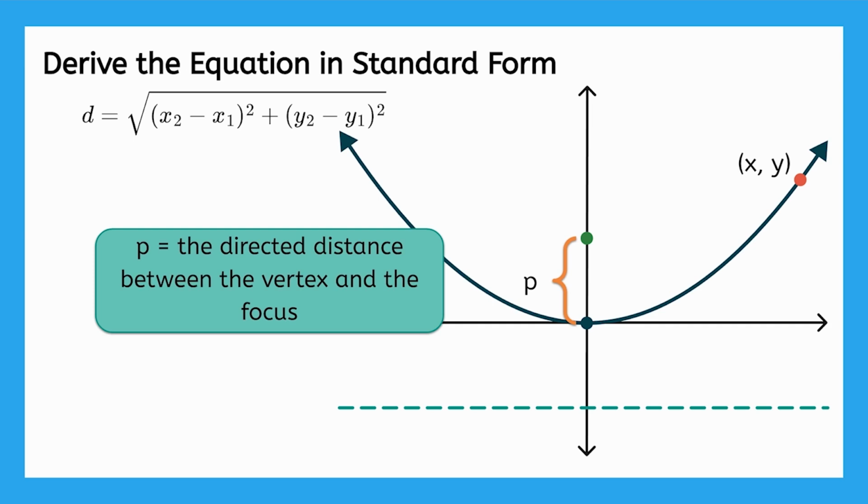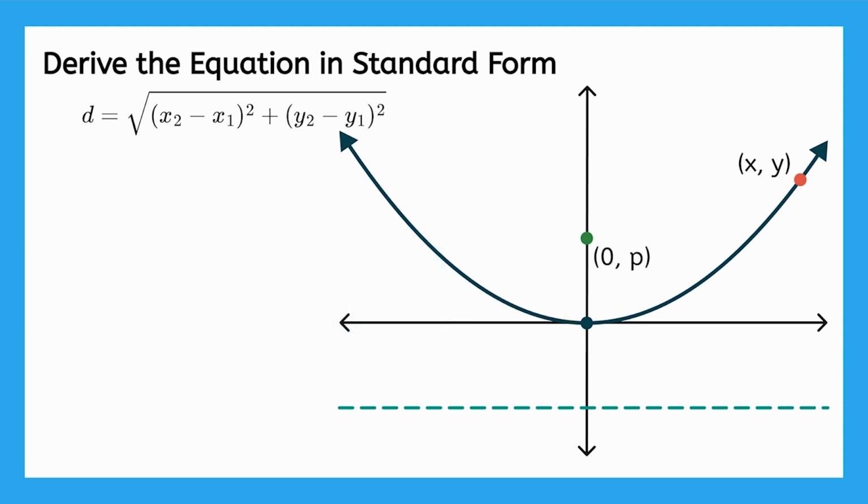Here, our parabola's vertex is at (0, 0), and the distance to the focus is p. So the focus is at the point (0, p). The distance from the vertex to the directrix is the opposite of p, making the directrix equation y equals negative p.